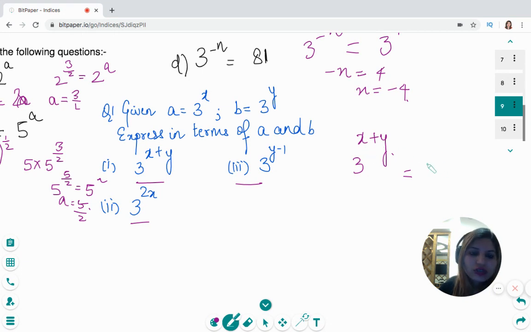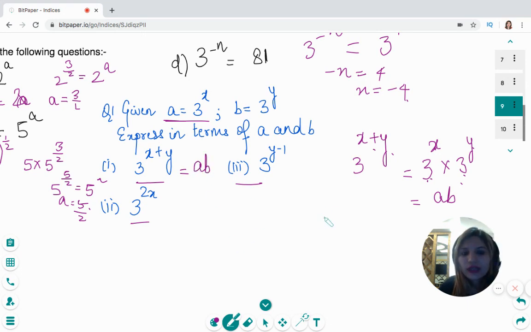So 3 to the power x plus 5, we can write as 3 to the power x multiplied by 3 to the power 5. Are we correct? Because the bases are the same, the powers are different, they'll get added. Now what is 3 to the power x? That is a. And what is 3 to the power 5? Which is b. So the answer of this is ab.